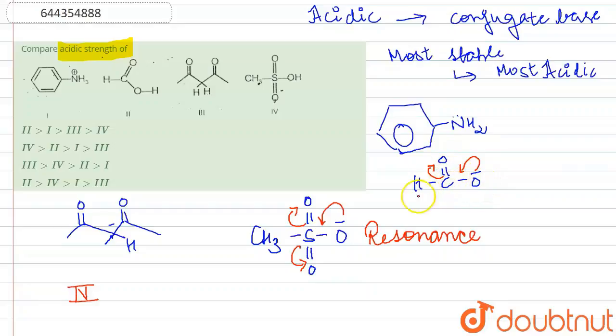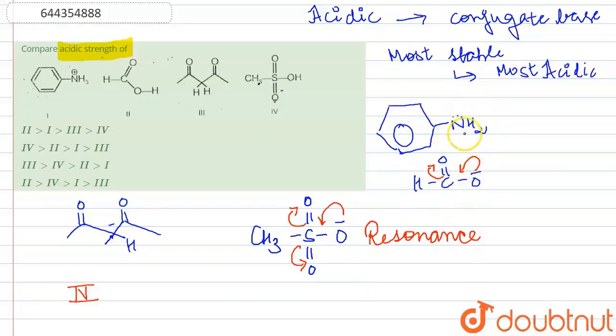So this is also stable, but not as much in comparison to the fourth option here. So this one is also acidic because it is also highly stable, 2 oxygen atoms carrying negative charge, and an electronegative atom when it carries negative charge is highly stable. So because of resonance this is also stable.